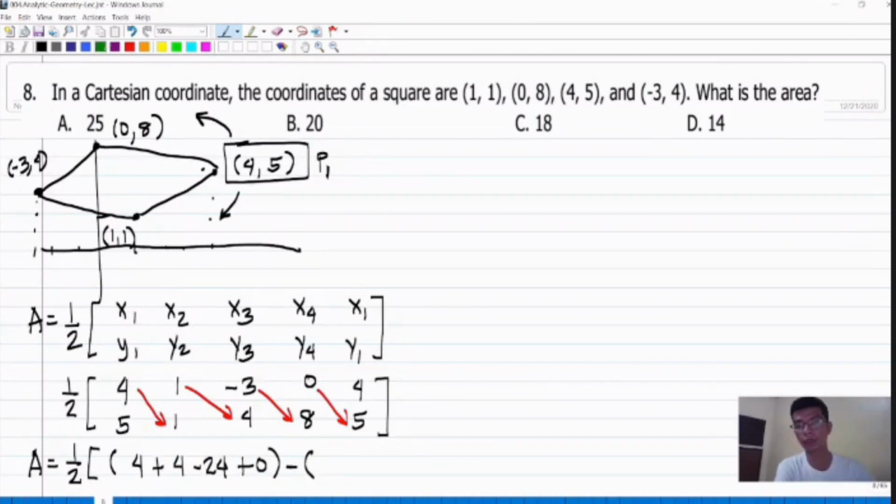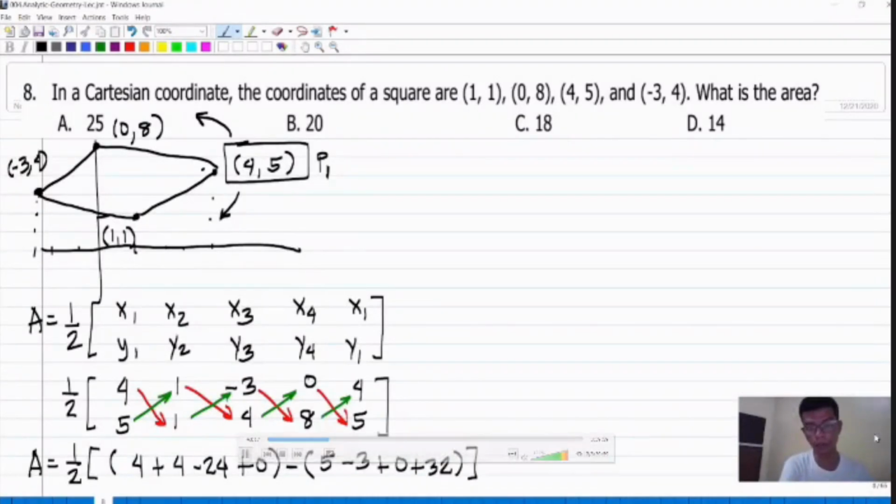Ma-minus natin yung sum ng mga paakyat. 5 times 1, 1 times negative 3, 4 times 0, and then 8 times 4. So, 5 times 1 is 5, plus 1 times negative 3, that is negative 3, plus 4 times 0, which is 0, and 8 times 4 is positive 32.